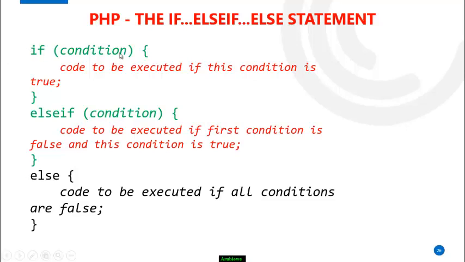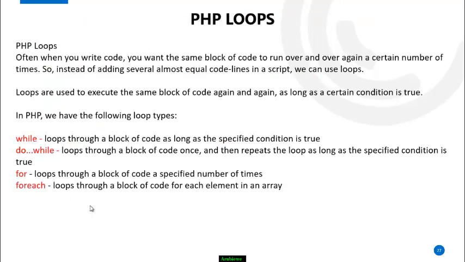That's why I have green here. The if condition, the block of code is going to execute. Else if another condition is true, its block of code is going to execute. Else, if the condition is false, it executes this line in black. So that is how the PHP conditional statement works.